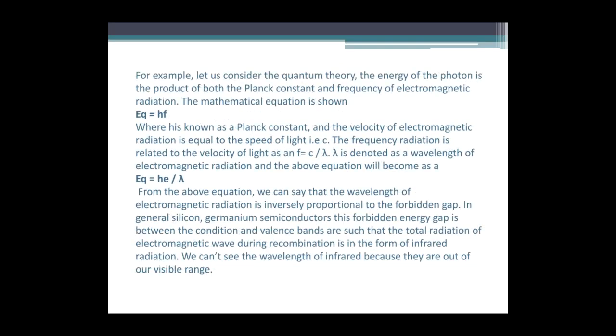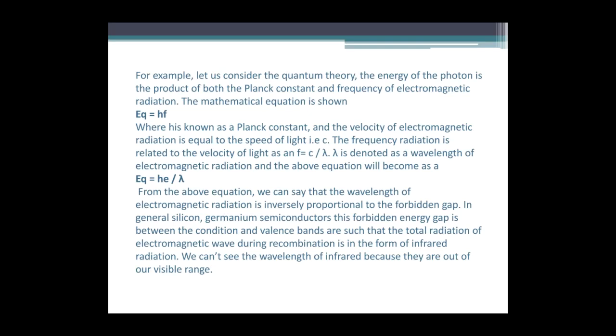For example, let us consider quantum theory. The energy of a photon is the product of the Planck constant and the frequency of electromagnetic radiation. The mathematical equation is shown, where h is known as the Planck constant, and the velocity of electromagnetic radiation is equal to the speed of light.